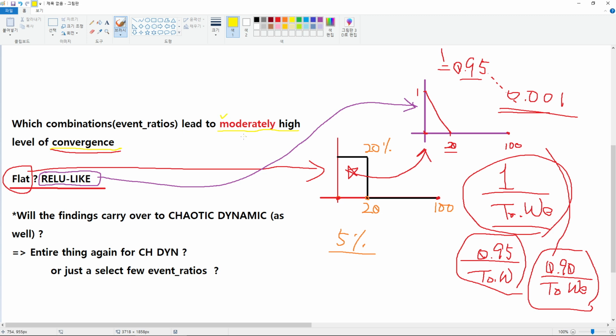Emphasize the word moderately, because time and time again, as I've said, if it converges too much in a relatively or fairly random environment, the entities will just get struck out and would have to go away. So that's not ideal.